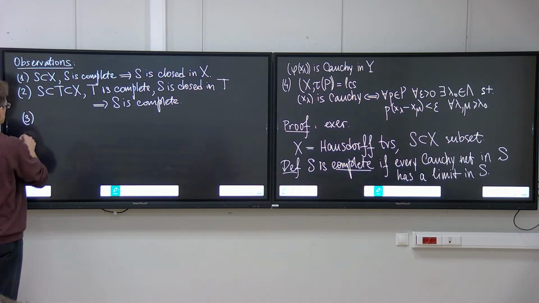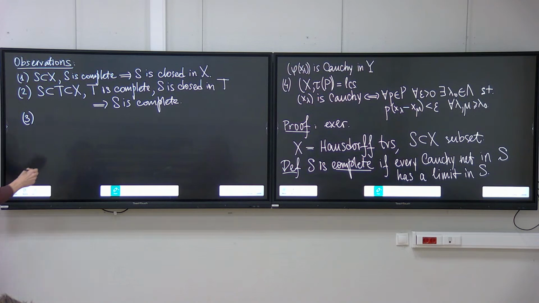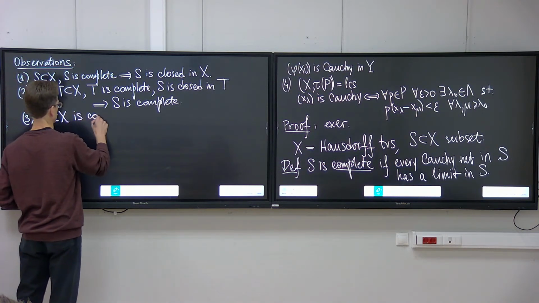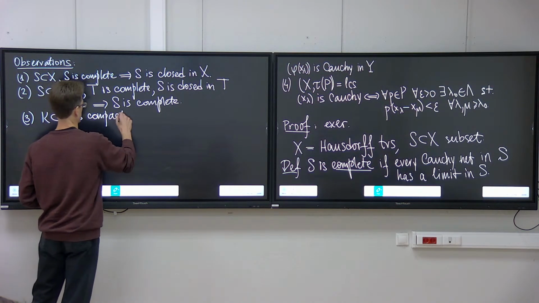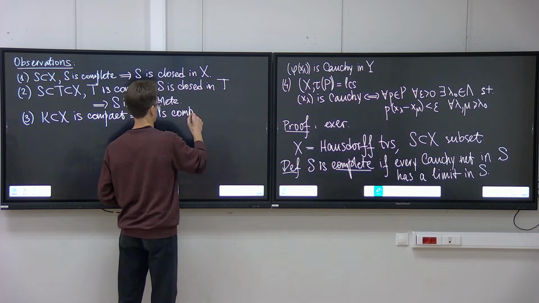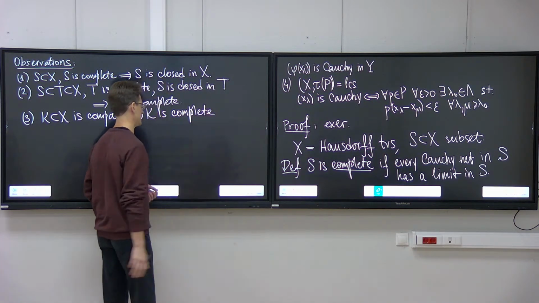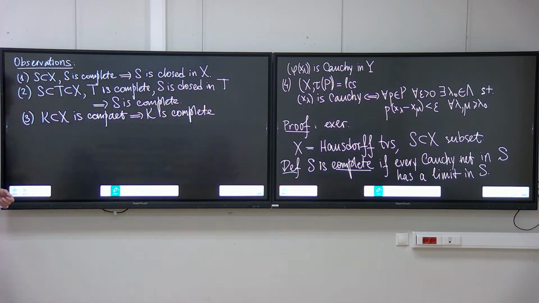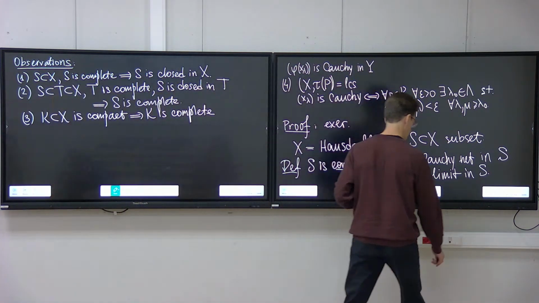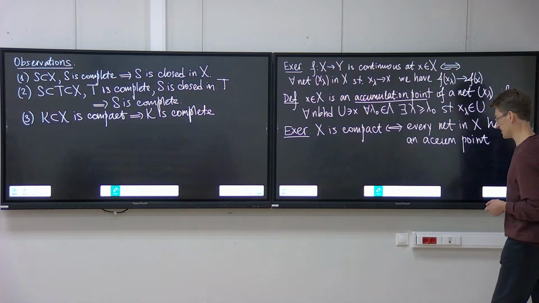And property 3 is that every compact set is complete. Indeed, if you take a Cauchy net in a compact set, then by compactness it has an accumulation point.